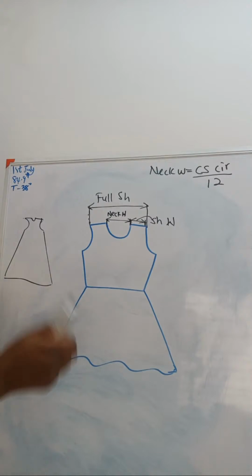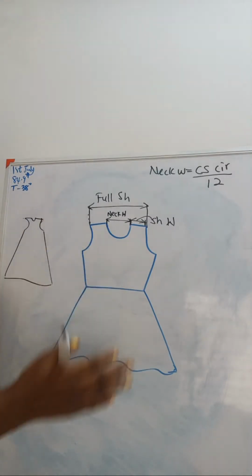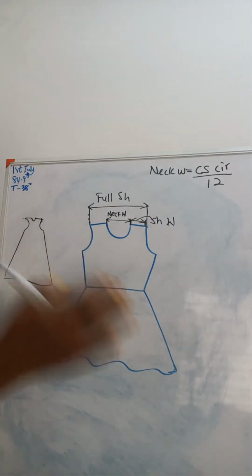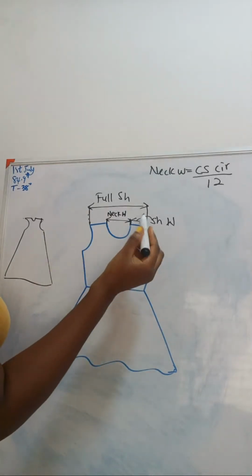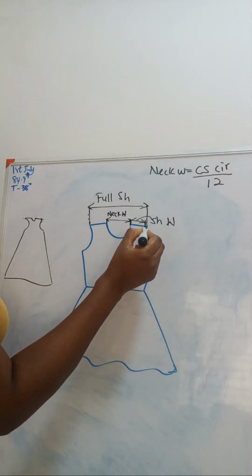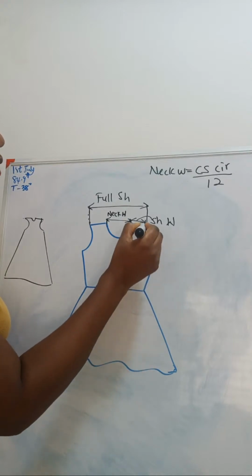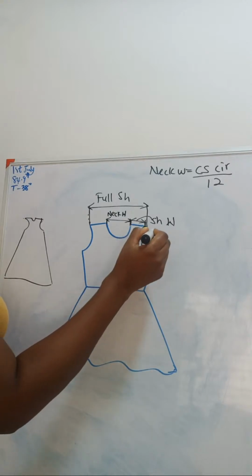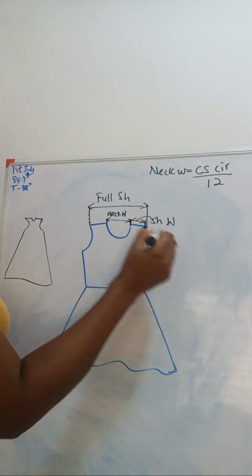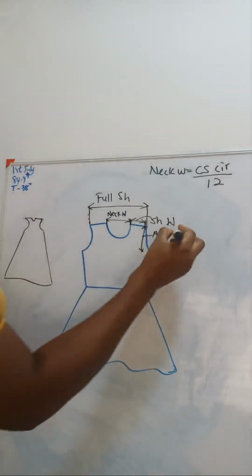Now, armhole depth is different from armhole length. The armhole depth is measured from the shoulder to this point before you make the curve. This part is the armhole depth, AHD for short.